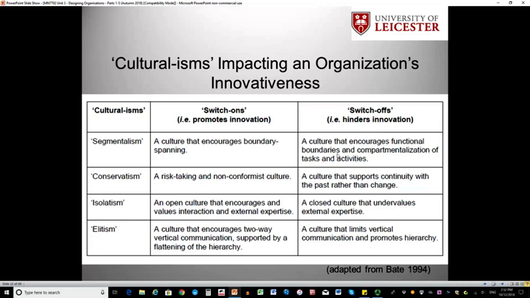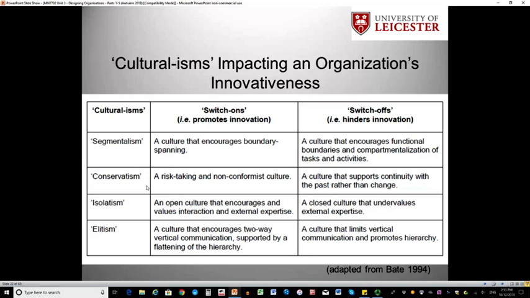So those cultures that encourage functional boundaries, encourage the breaking down of tasks and activities, are going to switch off innovation. So we can either see segmentalism as something that is about breaking down boundaries, or something that is closing boundaries and setting boundaries.